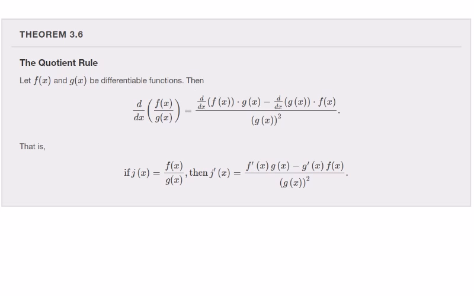So it's almost the same exact numerator as what the product rule is on its own, except it's a minus instead of a plus, right? So if you can just remember that the numerator is the same as the product rule, but with a minus, and on the bottom you divide by the denominator function squared.